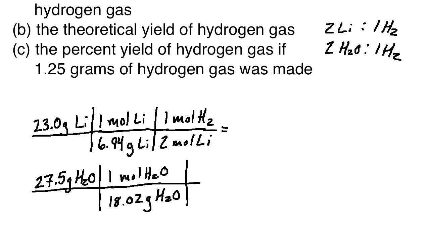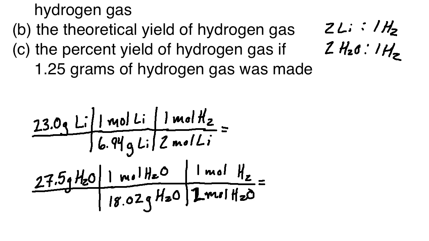Again, I want to convert the water here. So, wait a minute, I got 2 here. Okay, 2 moles of water for every 1 mole of hydrogen gas. Right? So we turn around and we solve for both of these.